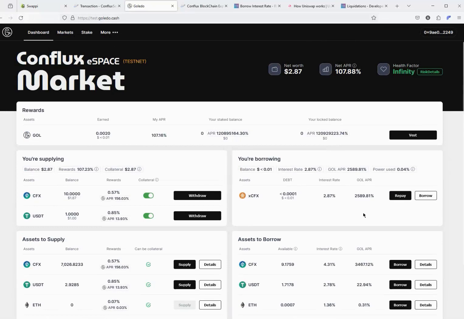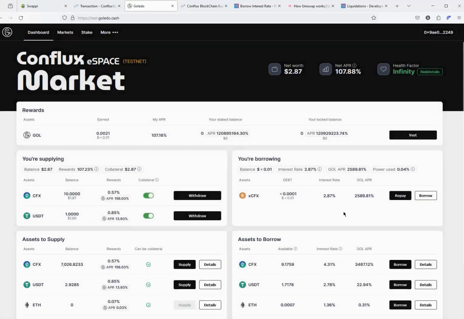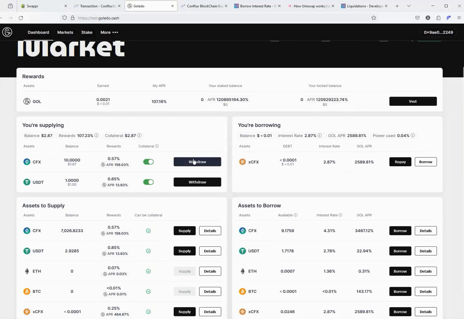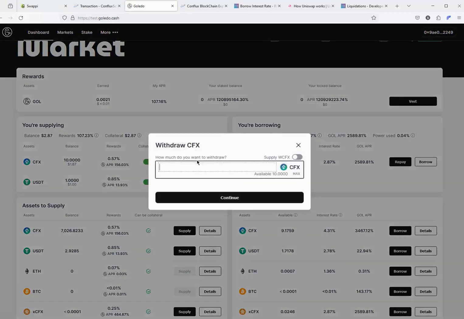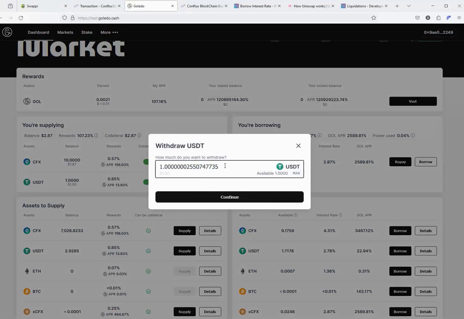So that's for borrow. If we want to repay it, we can do the repay, but I don't have enough to repay it, so I just cancel here. Also, we can withdraw. If we withdraw USDT, we see there is more interest I can receive.